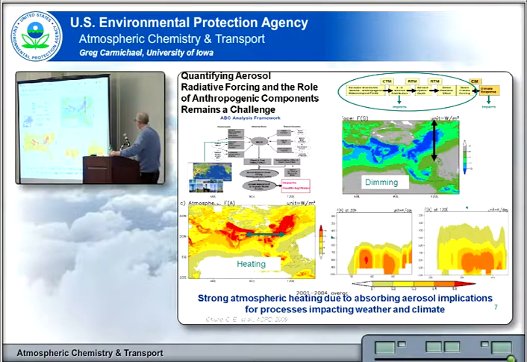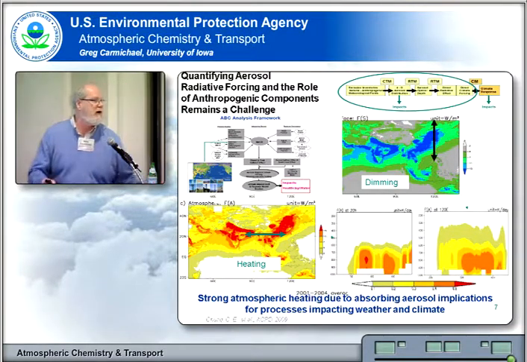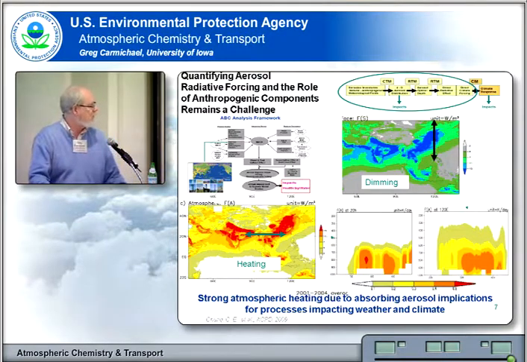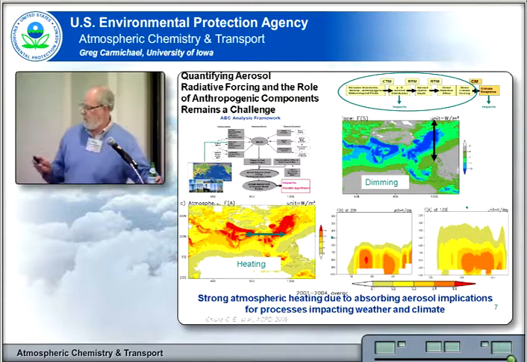These estimates are significant, but they are highly uncertain when we compare to other model estimates. A lot of work needs to be done to quantify our ability to constrain the absorbing part of the aerosol, and right now our observing system capabilities, our instruments, our estimates of emissions and the models to do that are quite limited.